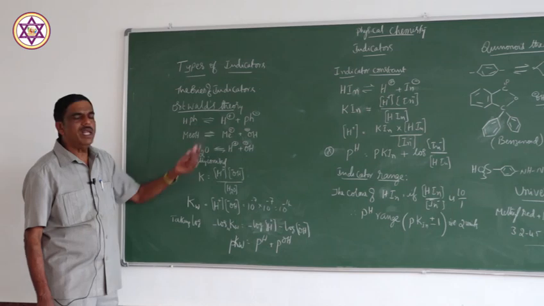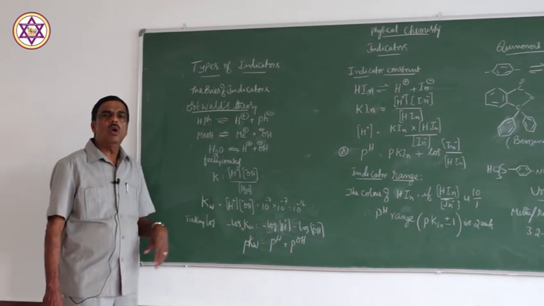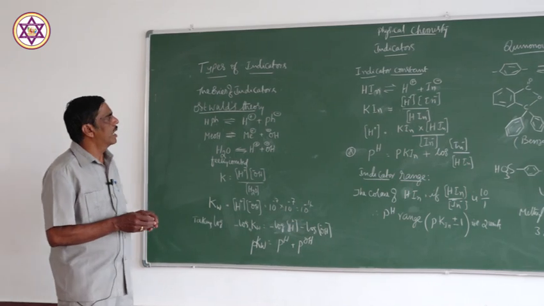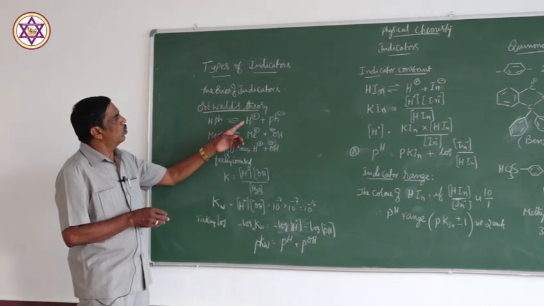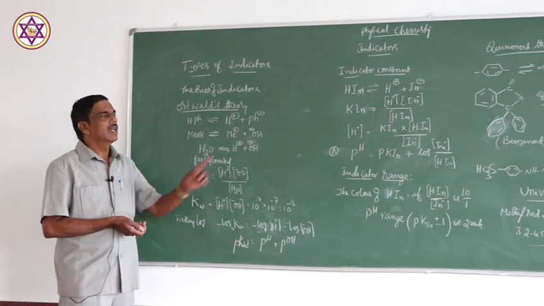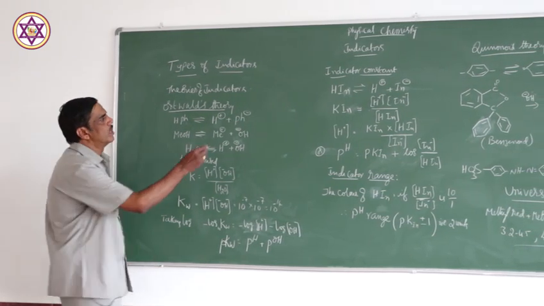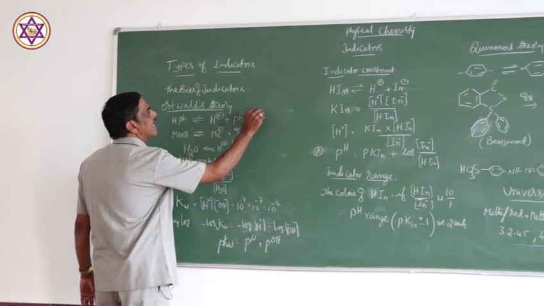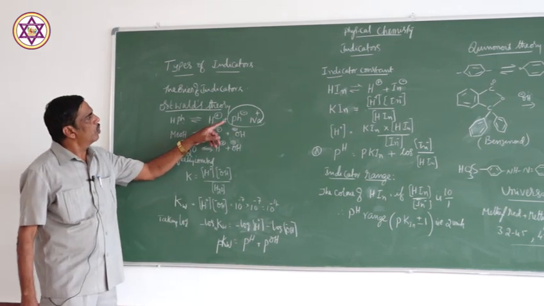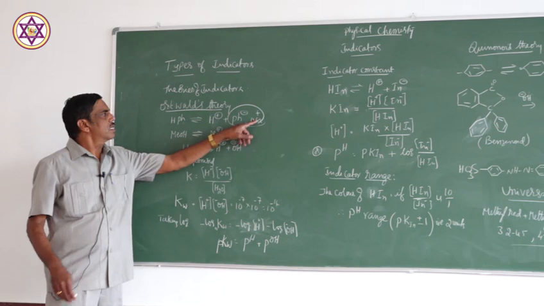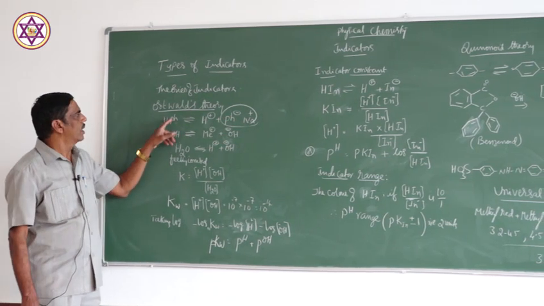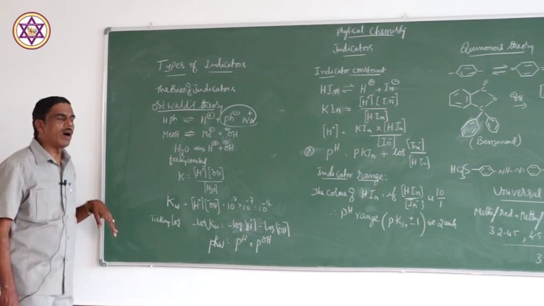H2O is feebly ionized, whereas NaOH ionizes strongly to Na plus and OH minus. When that OH minus is consumed by H plus, phenolphthalein anion combines with Na plus, and this is highly ionized when compared to water. Therefore, the phenolphthalein anion has a different color when compared to the unionized form.